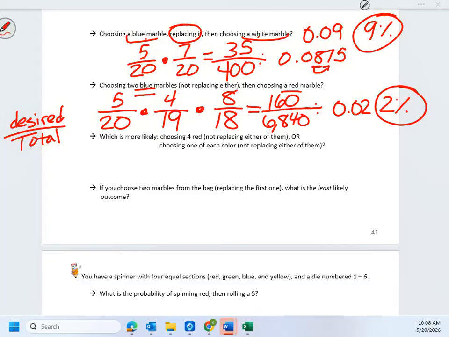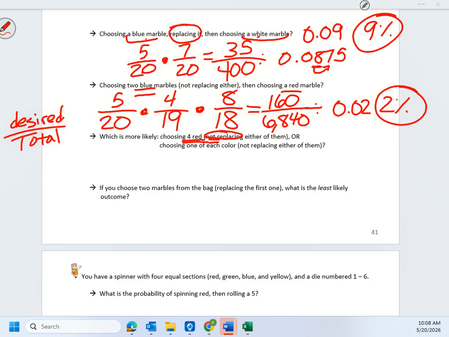Now, the next one says, which is more likely? Choosing a red, not replacing, choosing 4 red. So how many events is that? 4 events. We're choosing 4 red, so that's 4 events. We're not replacing them. So that's gonna change our total outcomes.